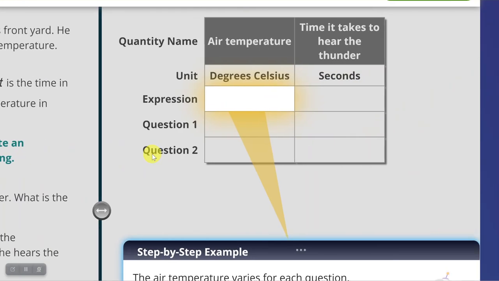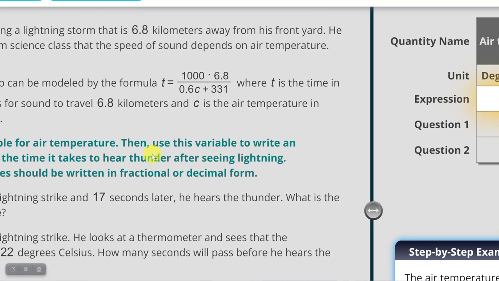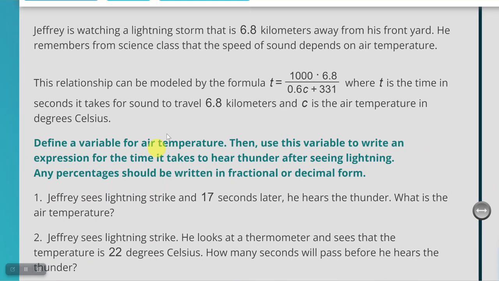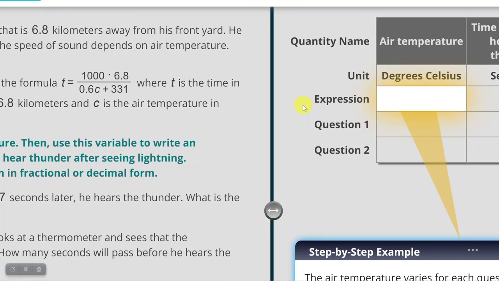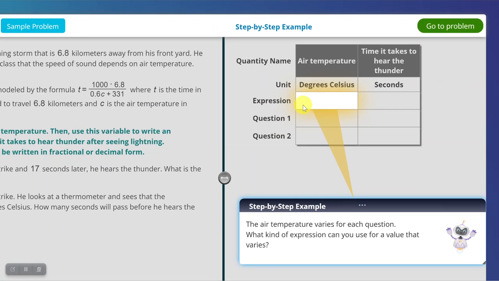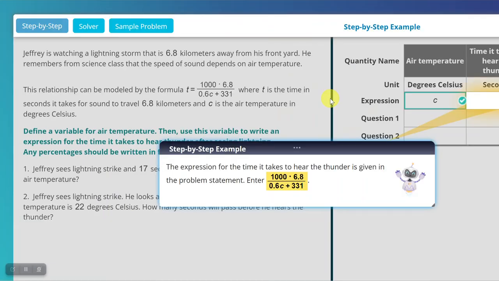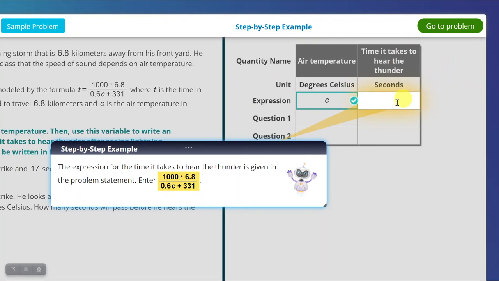Okay, so this air temperature, we can use C. And then for the time it takes, we're going to use this expression, 1000.